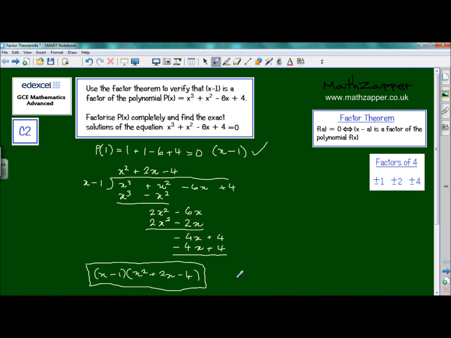The next thing we need to do is see if we can factorise x squared plus 2x minus 4.